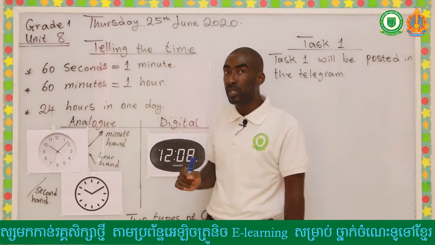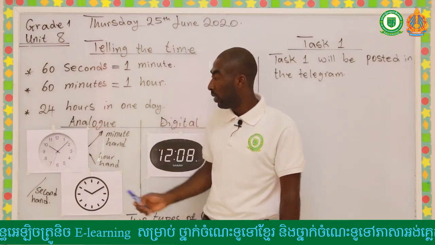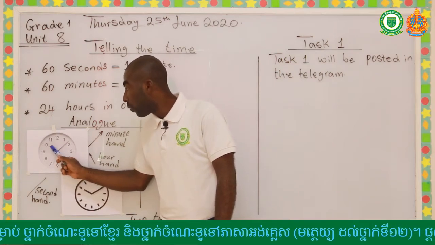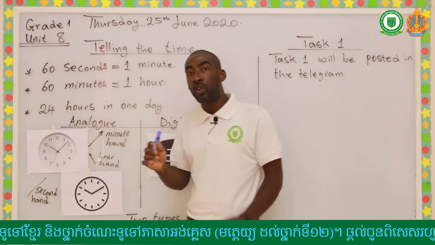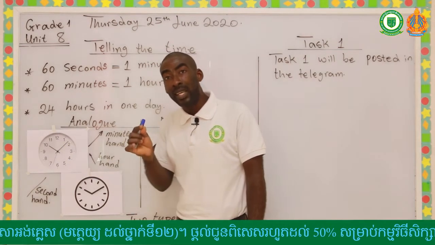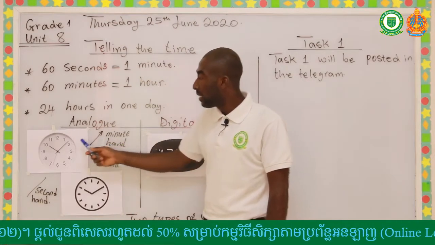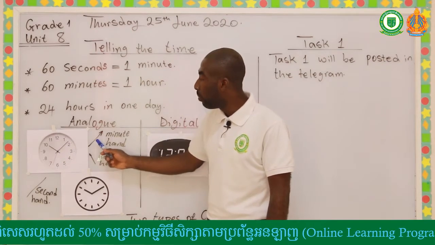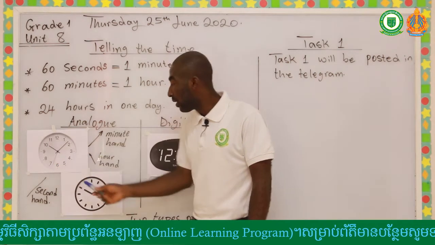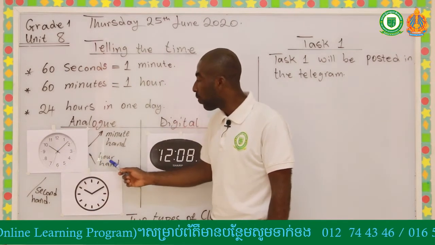Now let's know the name of those metals or those sticks that we find on our analog clock. You have the very long one, you have a short one, and then you have a slim one that is also very long. The long one that is a bit thick is called the minute hand. The short one is called the hour hand.